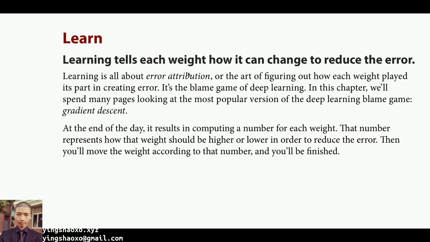Learning tells each weight how it can change to reduce an error. Learning is all about error attribution, or the art of figuring out how each weight played its part in creating error. It's the blame game of deep learning. In this chapter, we'll spend many pages looking at the most popular version of the deep learning blame game, gradient descent.